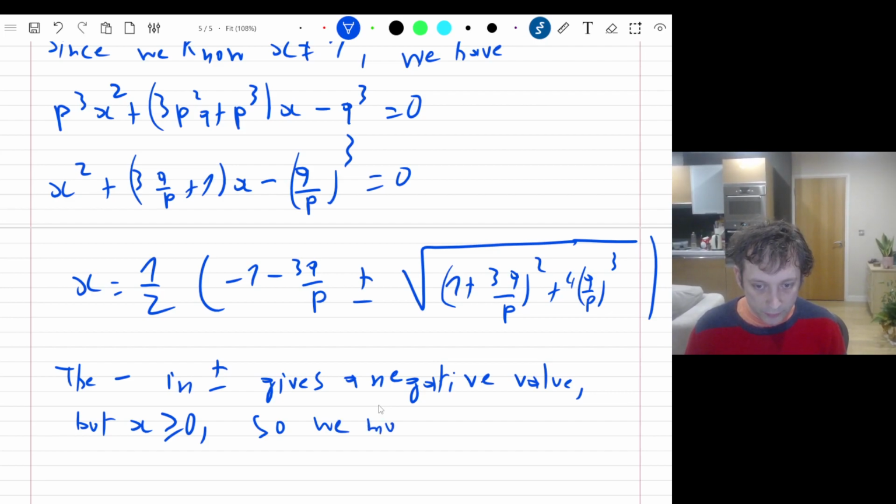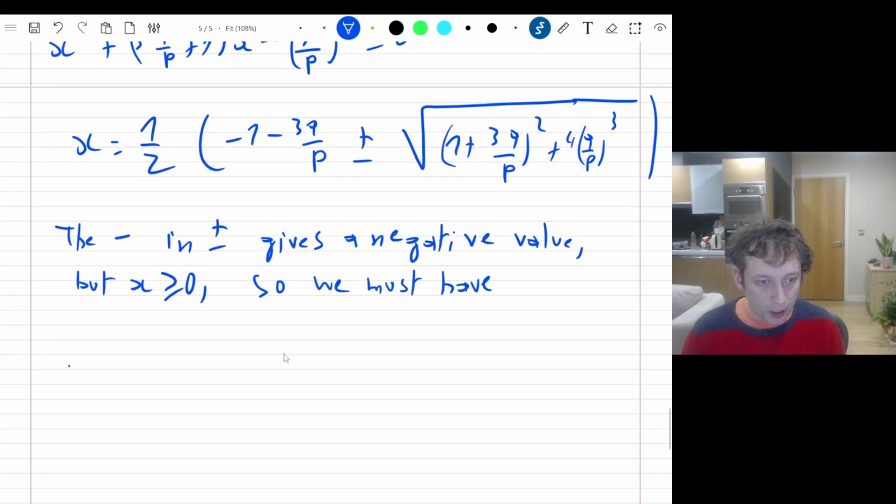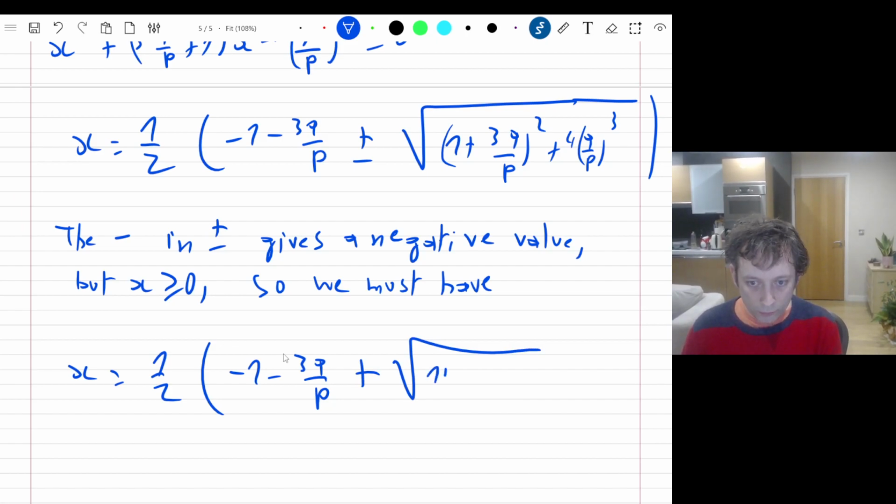So we must have x equals, I'm going to write the same thing, but just put a plus in. x is half of minus 1 minus 3q over p plus square root of 1 plus 3q over p squared plus 4q over p cubed.